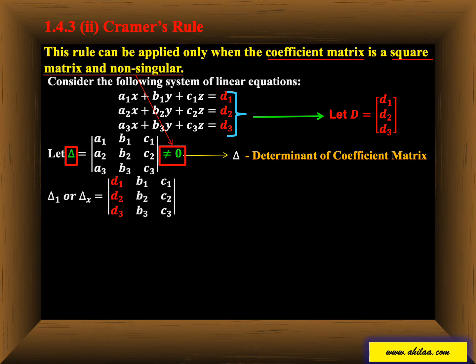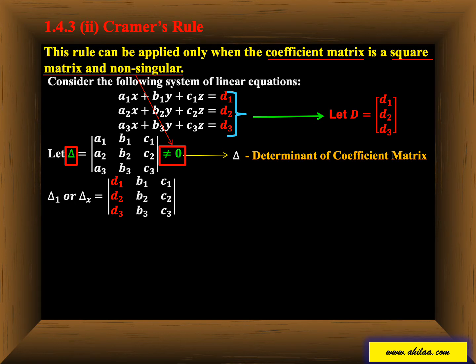Now, delta 1 or delta x. Delta 1 means the notation for the determinant of the first variable. Delta x means, with respect to whatever variable is given, you can name it. So, here delta 1 or delta x equal to, see what change we have done. In delta, we need to replace the first column by capital D, that is d1, d2, d3.